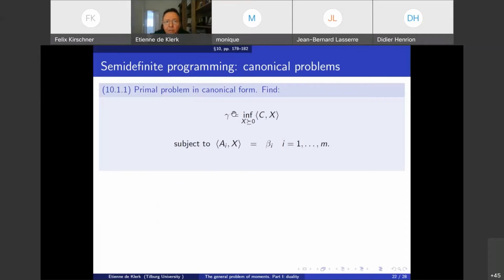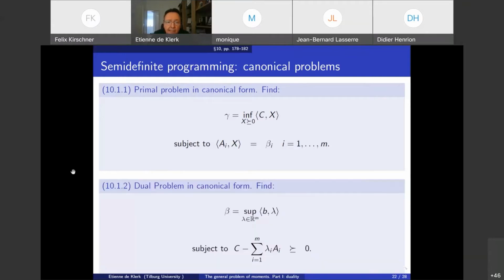So in our canonical form, gamma was the optimal value of the primal problem, which was to minimize the inner product of a given symmetric matrix C with a matrix variable X, and we had some constraints of the form Ax equals b, but we've given the specific form for our operator A, so we have now this set of linear equations, and then we can just write down the dual.